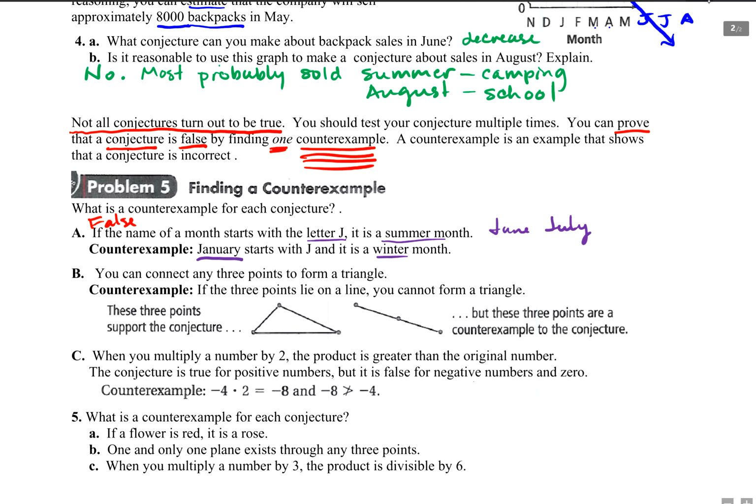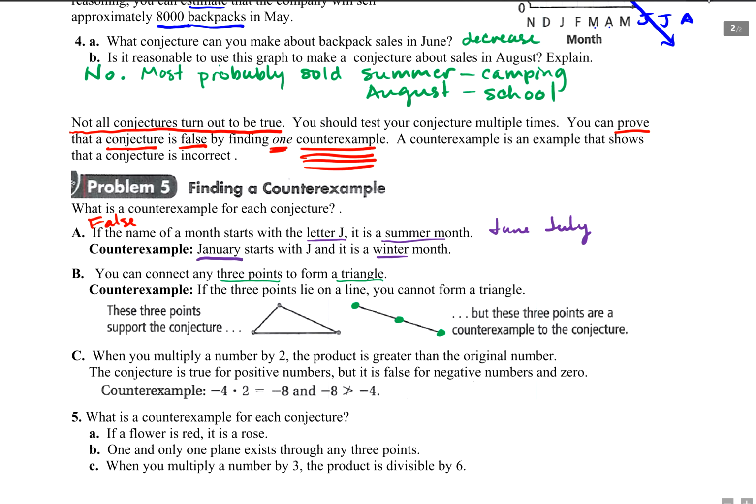All right, what's the next one say? You can connect any 3 points to form a triangle. Now, the first thing you think of is probably, well, yeah, 3 points make a triangle. But what did we learn in the first lesson here? Points can be collinear.